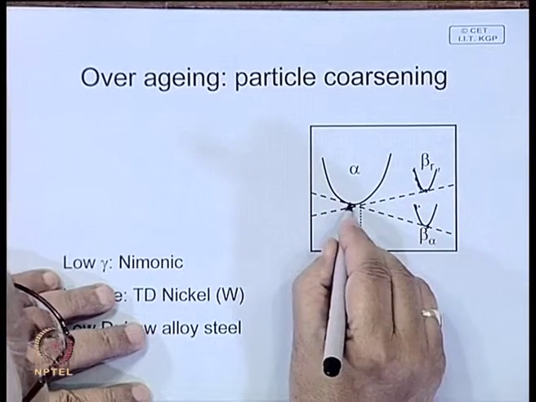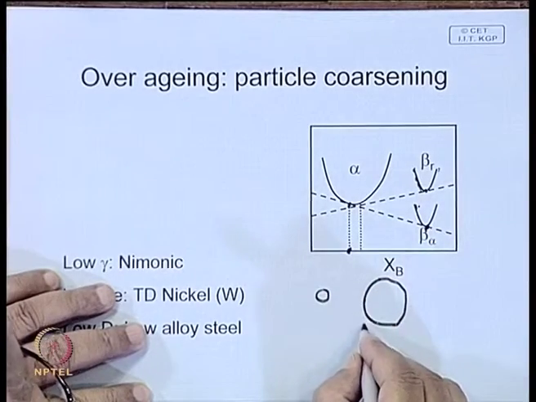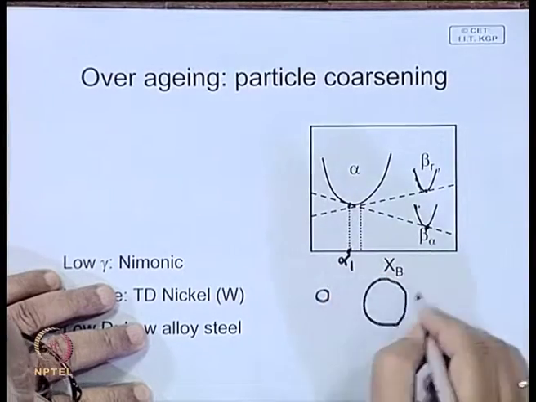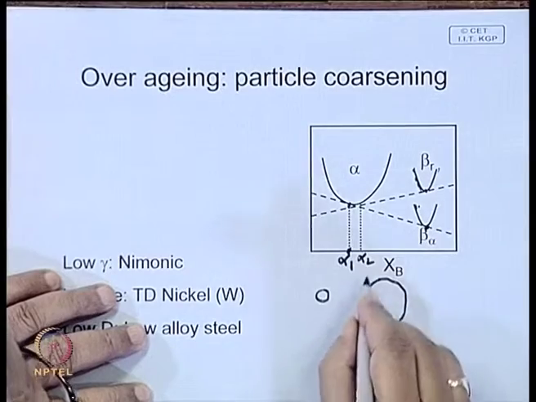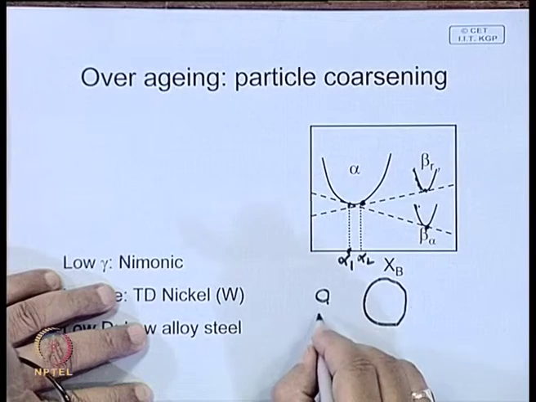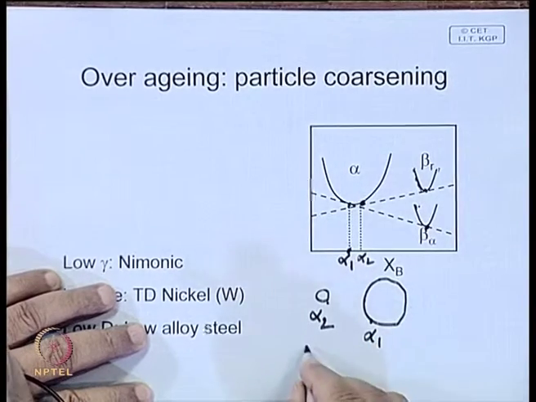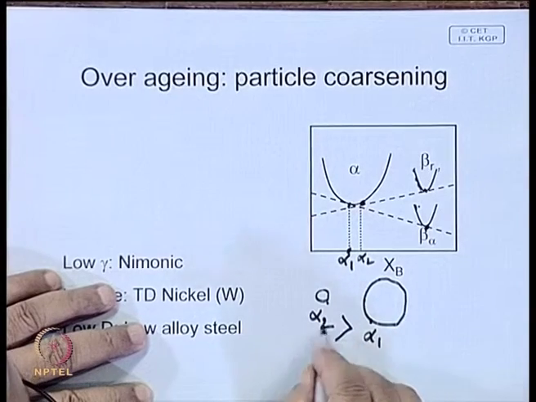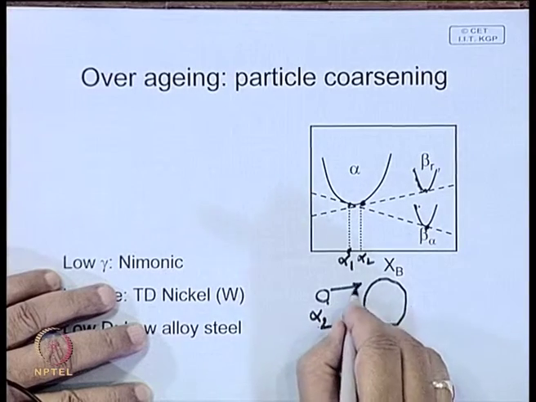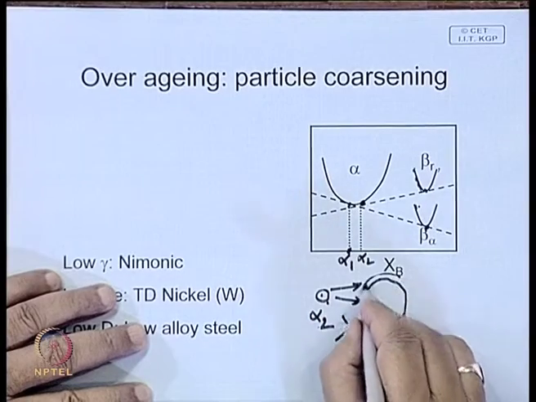If you draw that, say this is alpha 1 composition, and this is alpha 2. Near the smaller precipitate the concentration is alpha 2, and in the matrix it is alpha 1, and alpha 2 is greater than alpha 1. So, there is a concentration gradient. So, this will diffuse, and finally, the small one will disappear and the large one will grow.